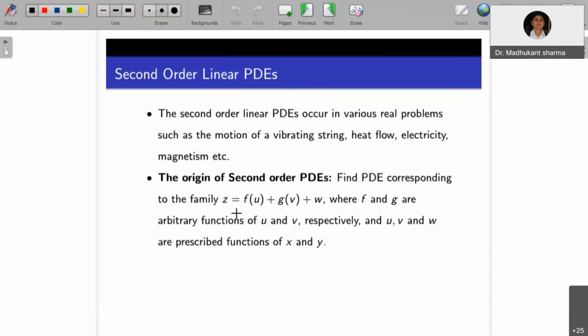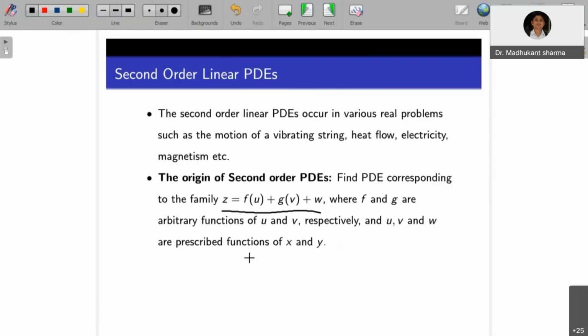So here you have this equation, or you can say family, for which you want to find the corresponding partial differential equation, where f and g are arbitrary functions, and u, v, and w are functions of x and y. So they are known functions. f and g are arbitrary, but u, v, w are known functions in advance.